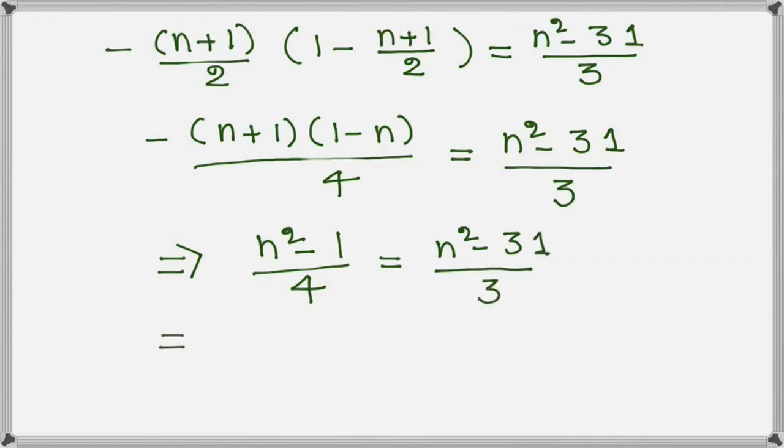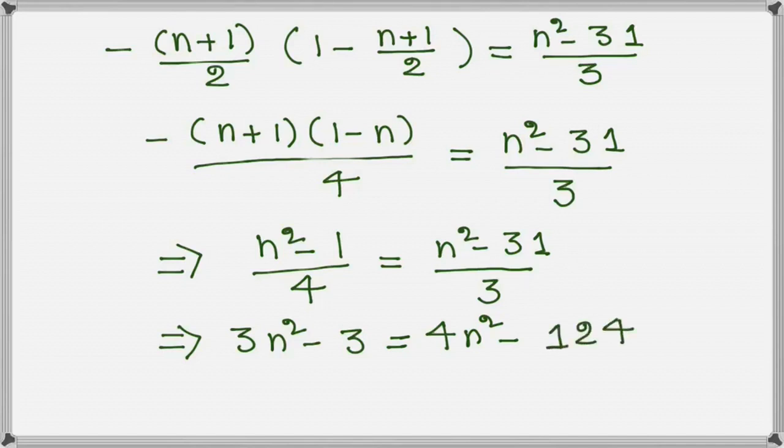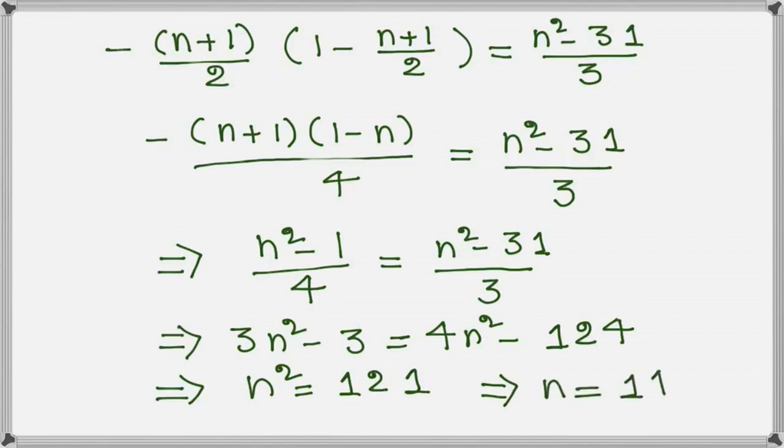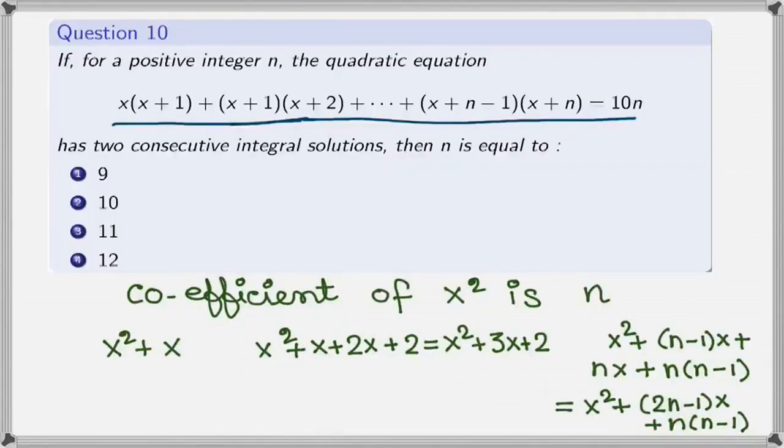So therefore we have 3n square minus 3 is equal to 4n square minus 124, and solving this we get n square is equal to 121, and as n is a positive integer, we can conclude from here that n is equal to 11. So therefore the third option is correct here.